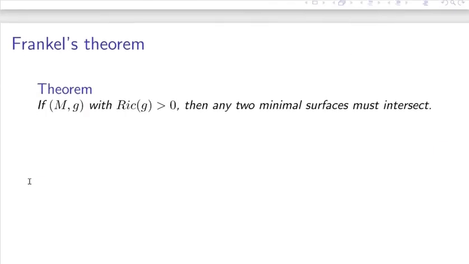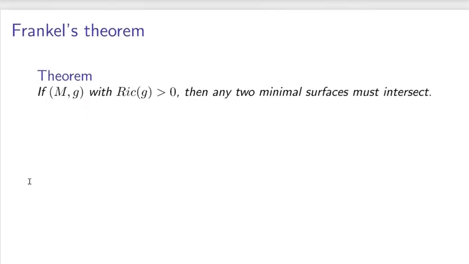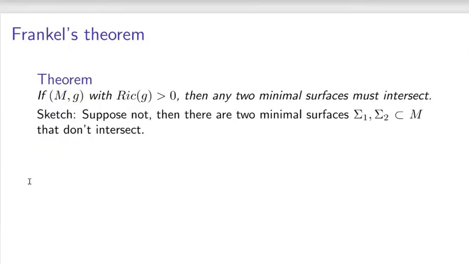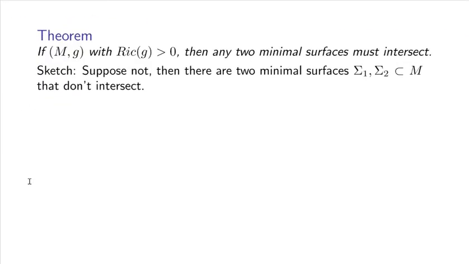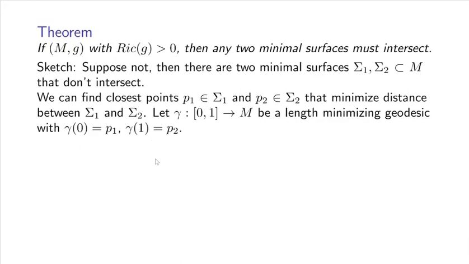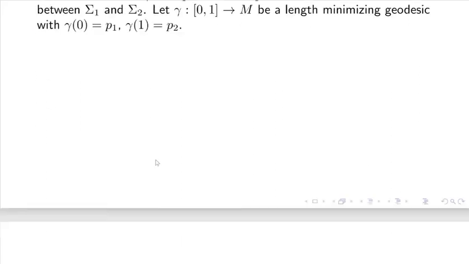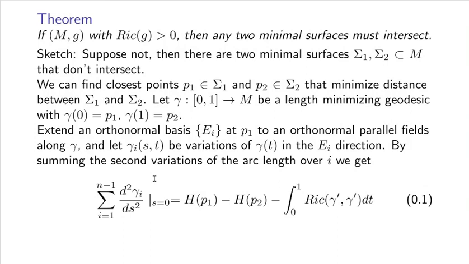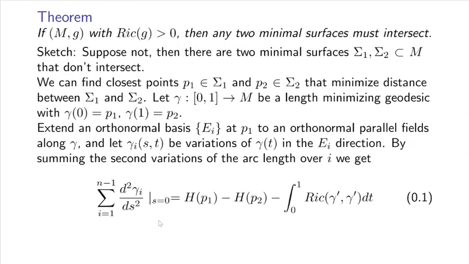So how does Frankel's theorem go? Well, it's a variation argument. You suppose that there are two minimal surfaces in such a manifold with Ricci positive metric that don't intersect, then you can consider a curve between them that minimizes distance. And then you take the second variation of the length of the curve.